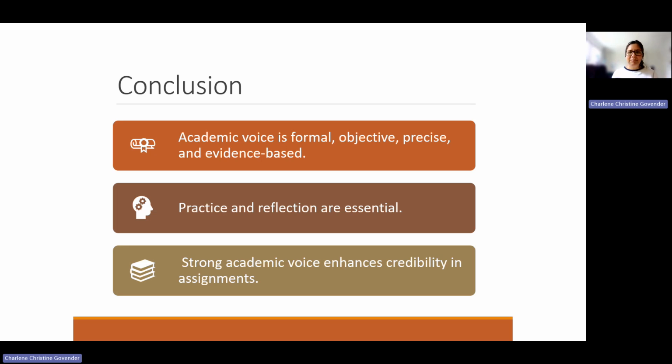It needs to be formal, objective, precise, and evidence-based. Developing this voice does take practice and a lot of reflection, but it makes your writing stronger and more credible. The more you practice, the more natural it will become.